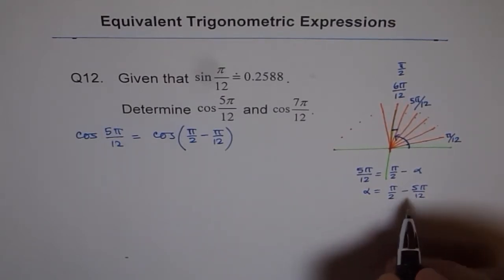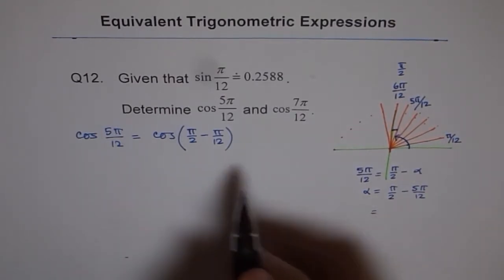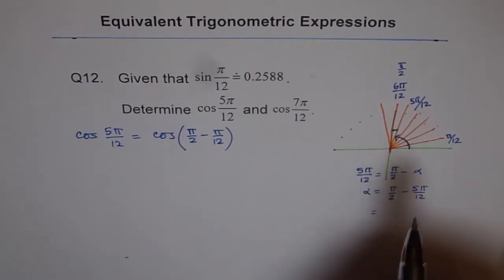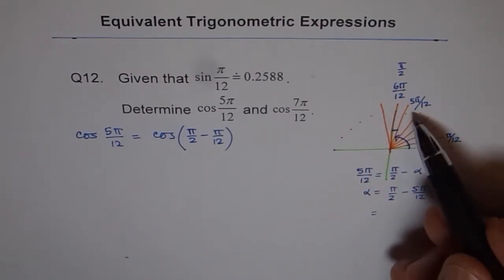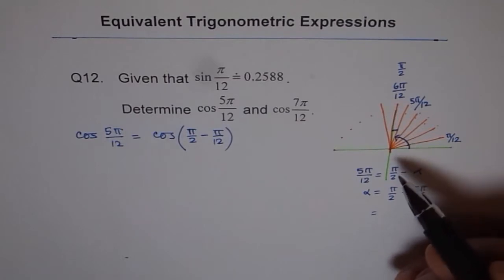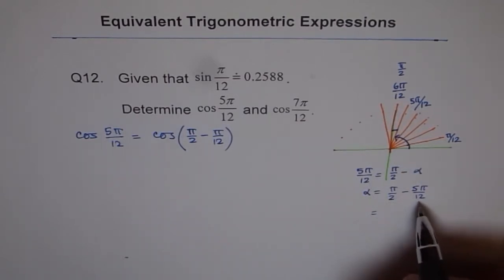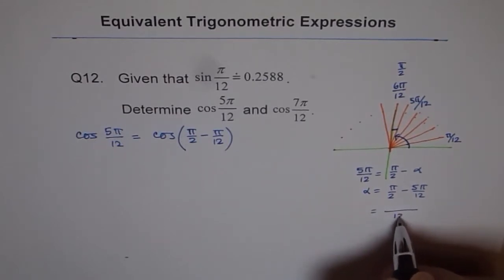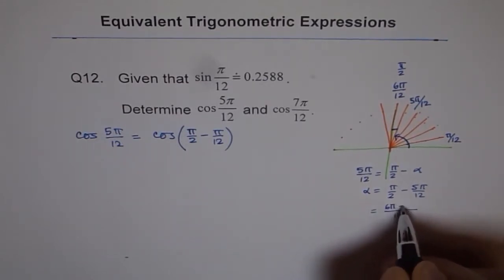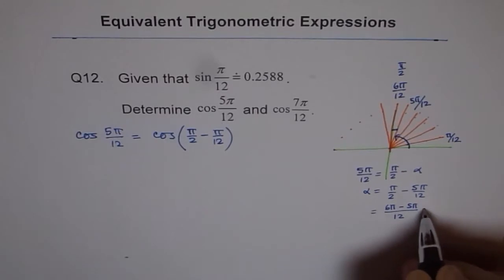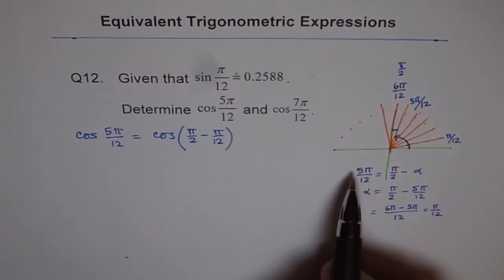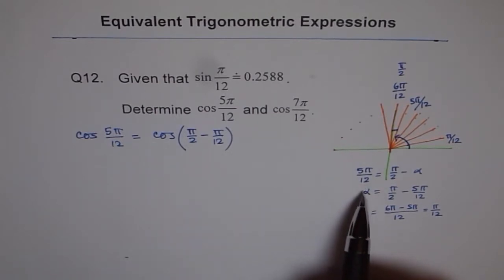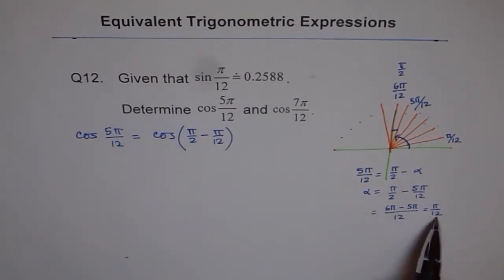These are two different ways of doing the same thing: finding it from a sketch, or doing it algebraically. We take 12 as common denominator and get 6 pi minus 5 pi, which gives me pi by 12. So 5 pi by 12 is equal to pi by 2 minus pi by 12.